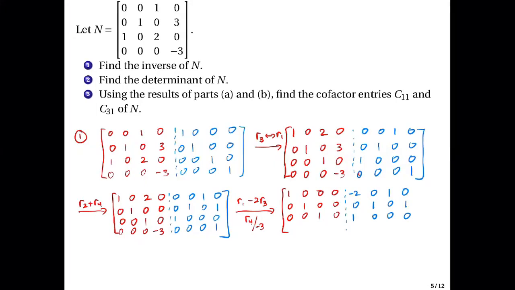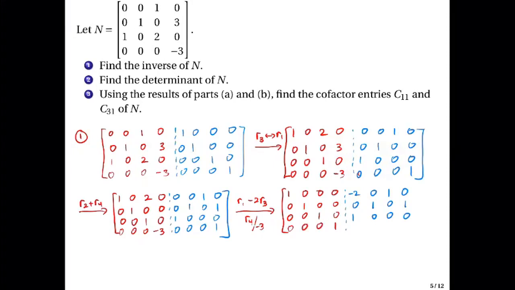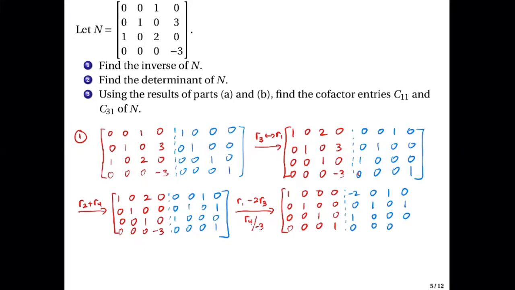For the fourth row, we divide by negative 3. So we will have 0, 0, 0, 1, then 0, 0, 0, and then negative 1/3.